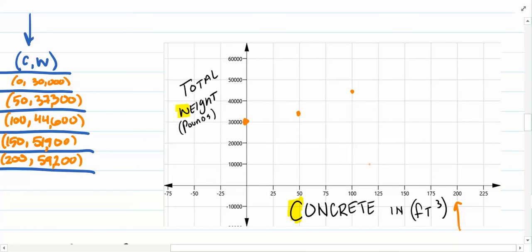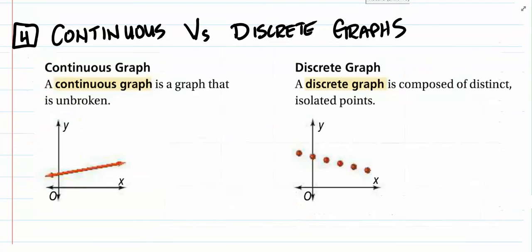At 150, we'd be at about 51,900, and then at 200, we'd be almost at 59,000. So if I did that somewhat correctly, I would have a line that would look something like this. This would be a linear function, and this is what the graph would look like. I'd be comparing concrete to total weight.